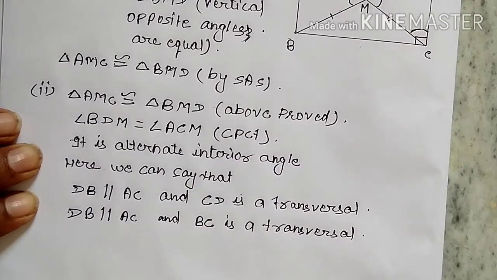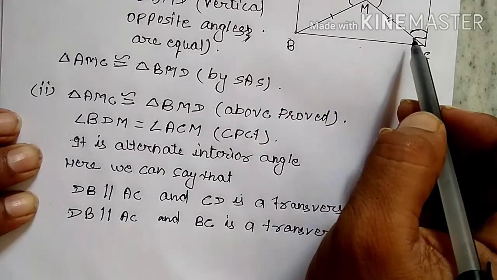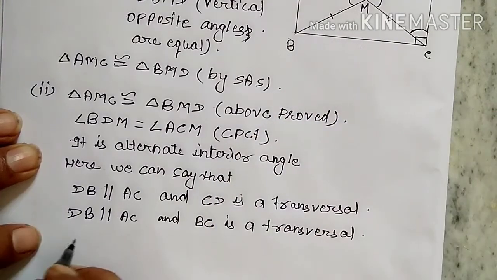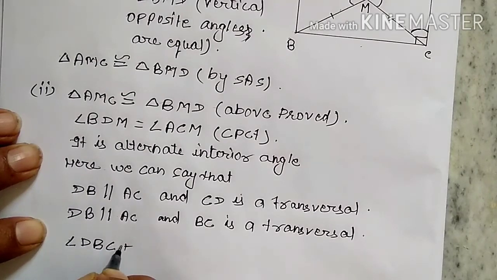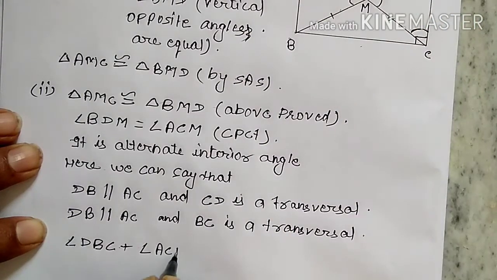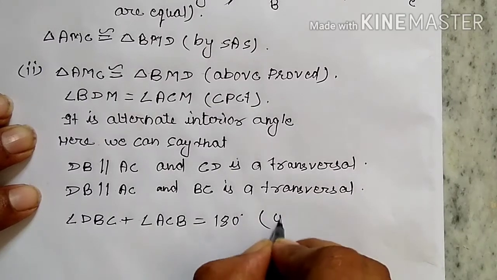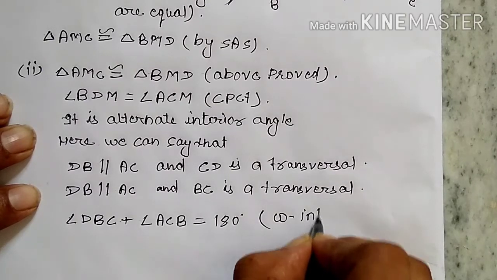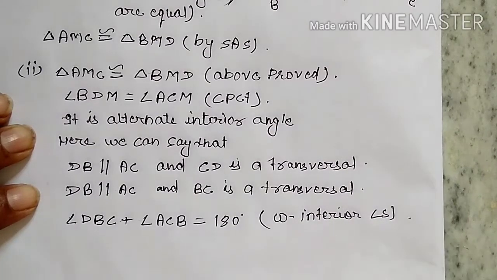BC is a transversal. So we can say that this angle, whole angle, and this angle are co-interior angles. Angle DBC plus angle ACB is equal to 180 degrees, because they are co-interior angles.